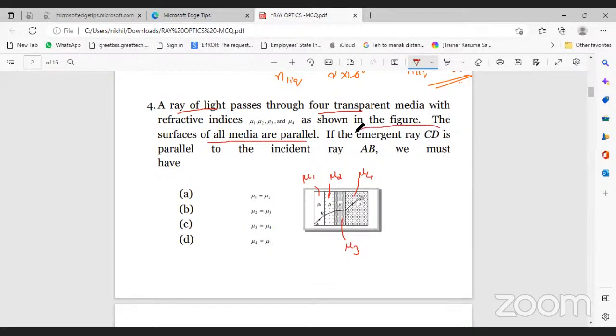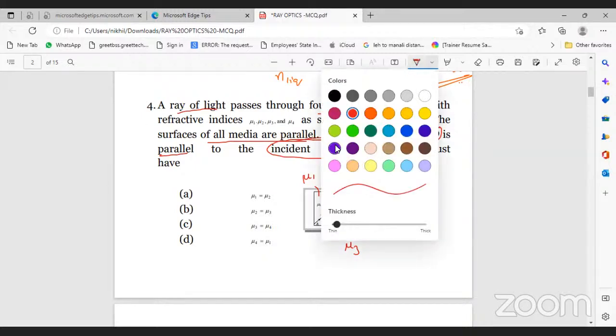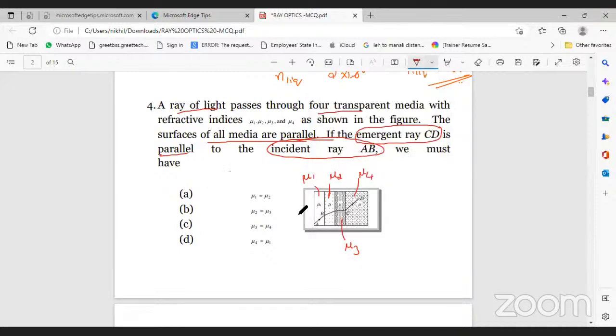Please look at these wordings. Emergent ray is parallel to incident ray. So incident ray is parallel to emergent ray.